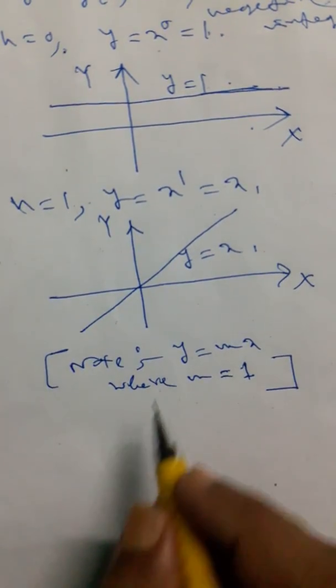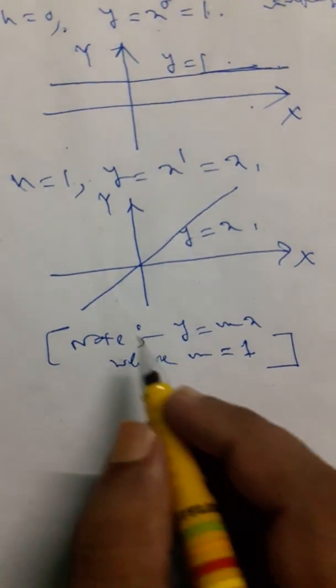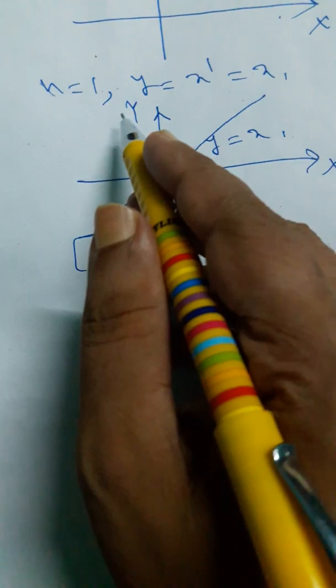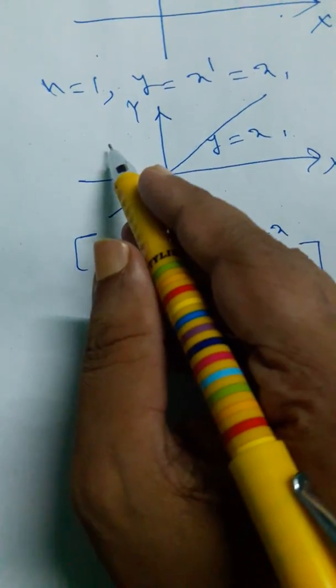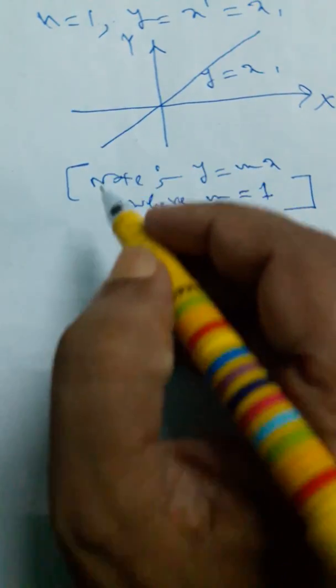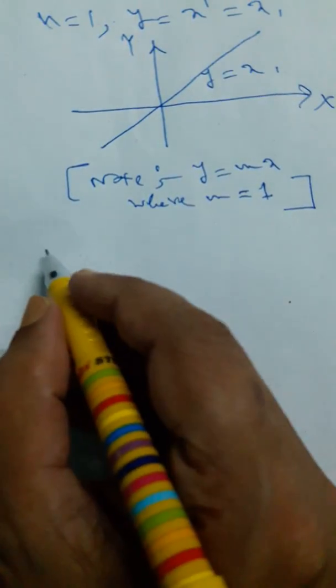Now let us construct these. At first we discuss the odd power of n. Let's see what happens for odd power of n and how to draw the graphs.